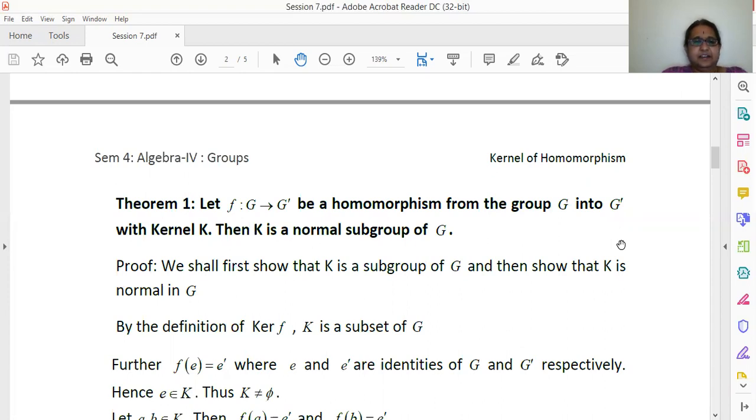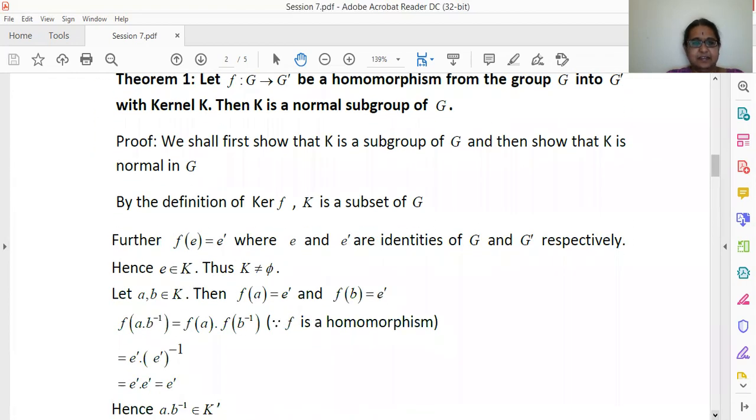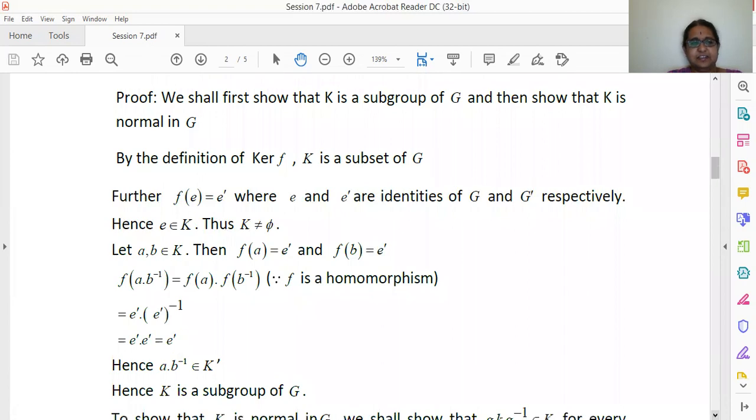Then we have to see how K will be a subgroup. From the definition of the kernel F, what we can say is that K is a subset of G. Then to show that K is a subgroup, we have to show that if we take any two elements A, B belonging to K, then A B inverse belongs to the kernel.